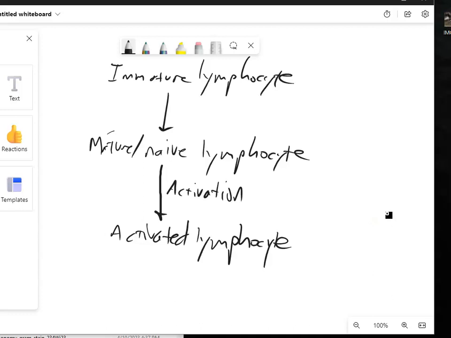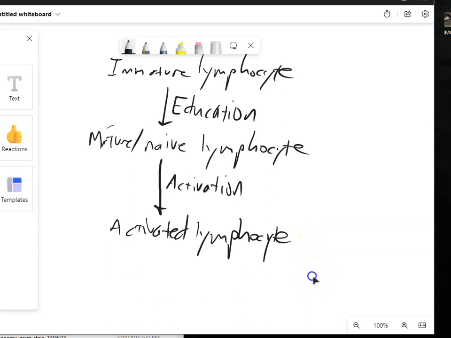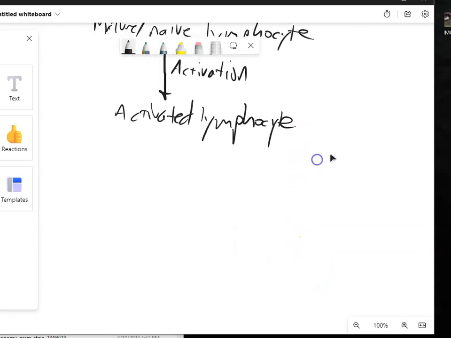Also, up here, what am I going to write? What is it that changes an immature lymphocyte into a mature but naive lymphocyte? It's education, and we will look at education more in Unit 3. So, what happens after a lymphocyte gets activated?